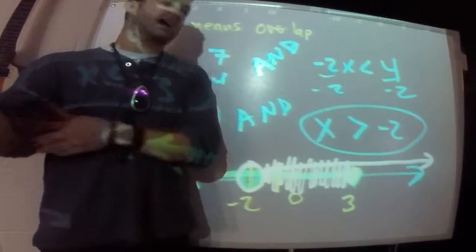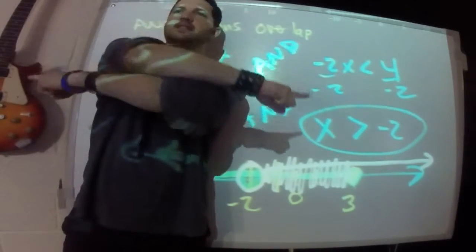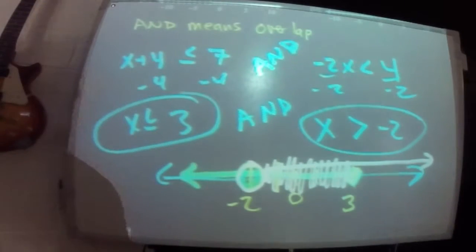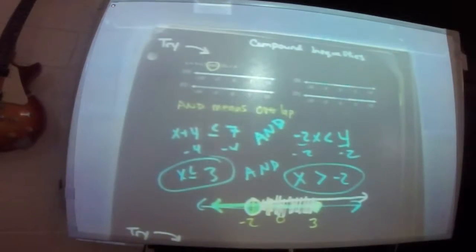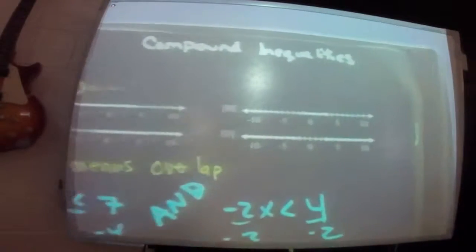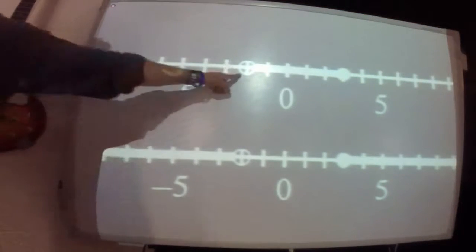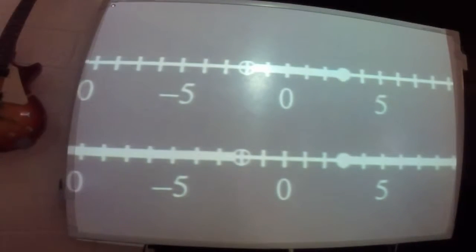If you think about it, our first arrow was going this way, and our second arrow was going this way, the overlap is between the two dots. So which answer shows that? B. Open dot at negative 2, it was overlapping until you got to that closed dot at 3.